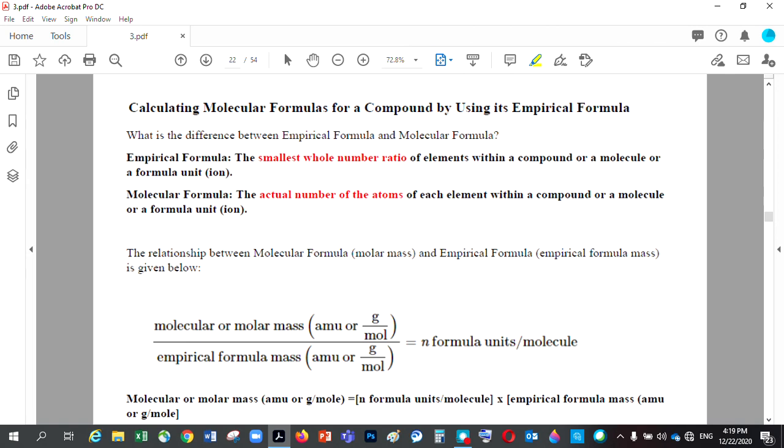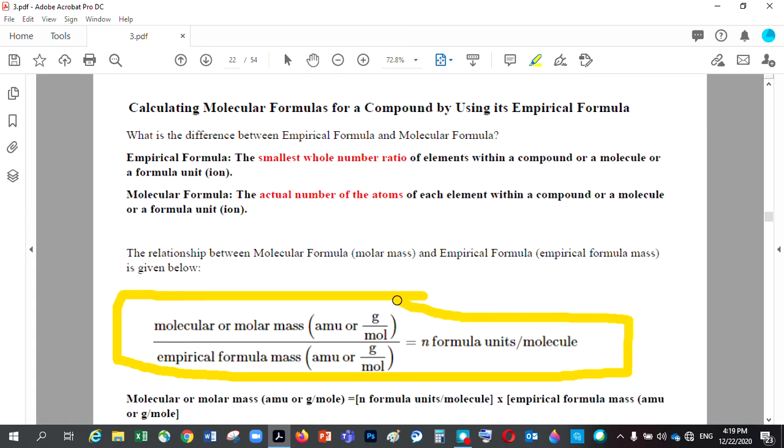Well, here it is, the formula we have to follow. As I said, the empirical formula is the smallest whole mole ratio of the elements within a compound or molecule, correct? The molecular formula is the actual one, the real one, not the smallest number, but the actual number of the atoms or number of moles of each element within a compound or molecule.